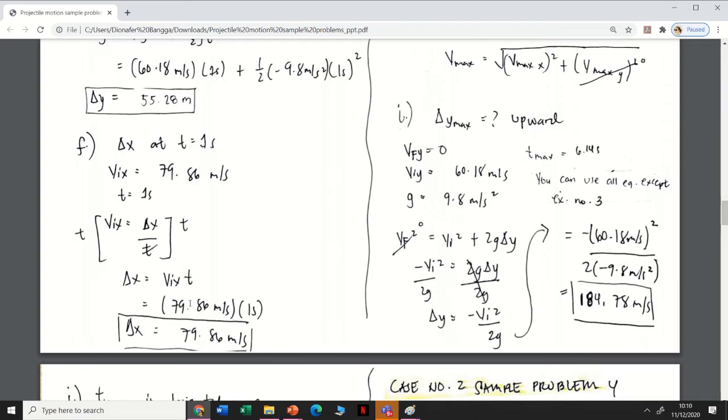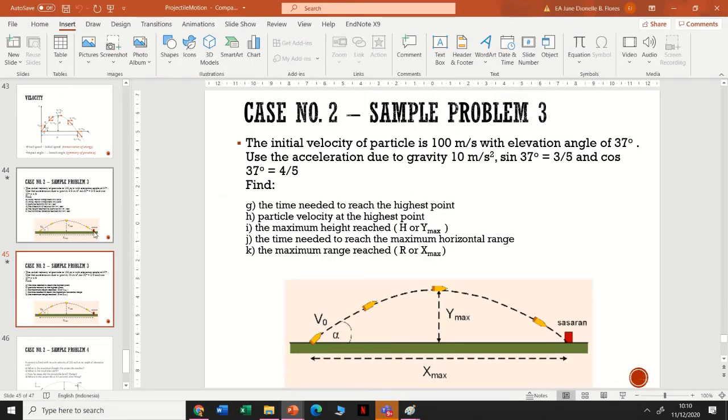Since we are looking for delta y max, trimming down the right equation to be used from the 3 sets of equations that we have, you can already disregard the third set of our equations, which are the special equations. Actually, you can use the third set of equations, specifically the equation for the y max.